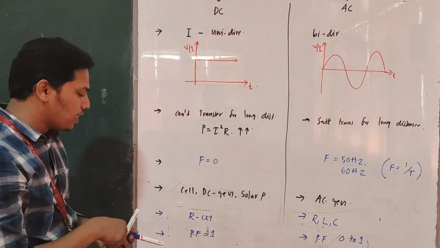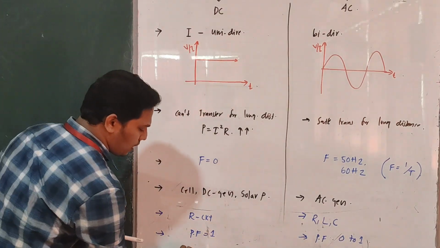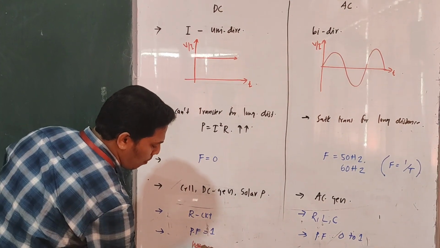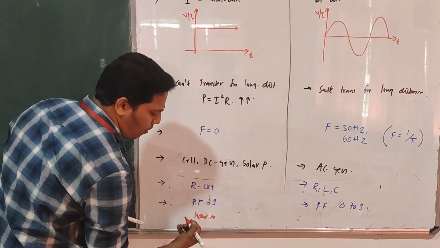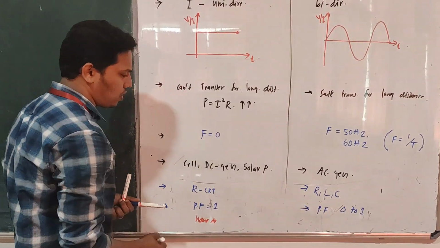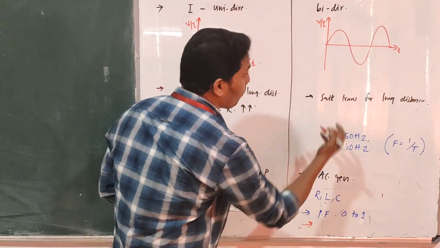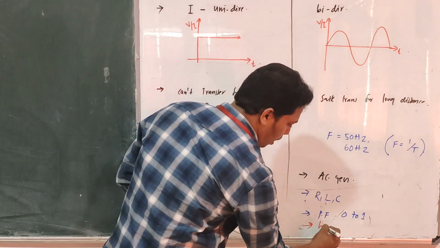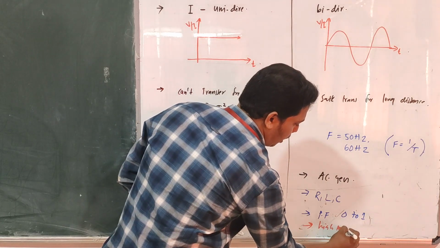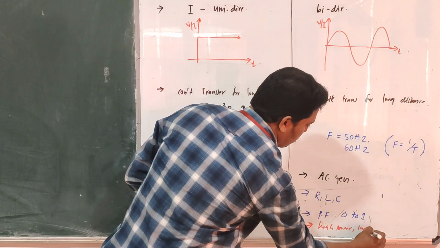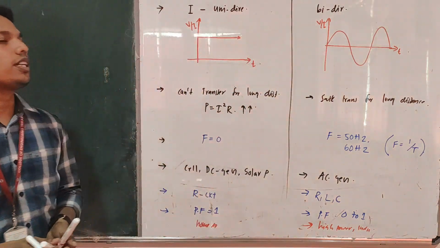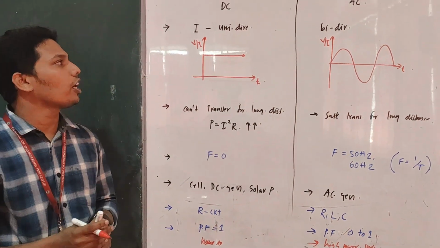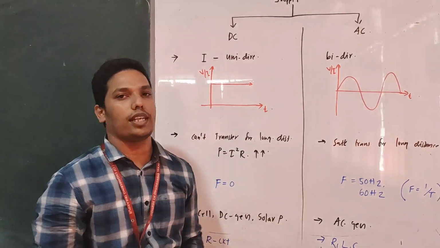The application of a DC supply is normally for small power applications or home appliances. But in AC, we adopt high power applications or industries like this. So these are the classifications of DC and AC supply.